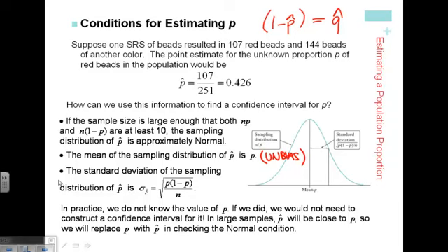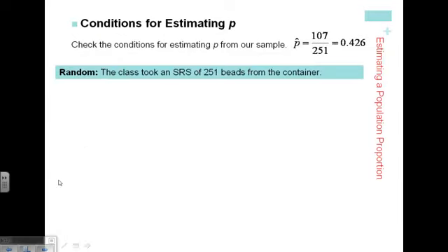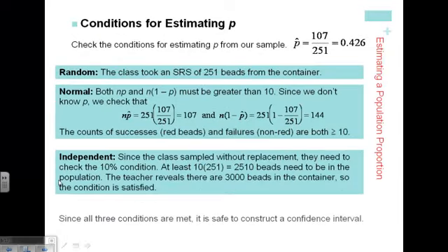So we will use p hat instead of p because we don't know what p is. So random, normal, and independent. We think we got all those conditions. The 251 in this case is n, the size of the sample. All right, we've got the conditions all met.